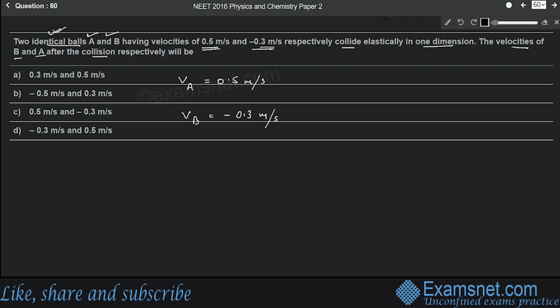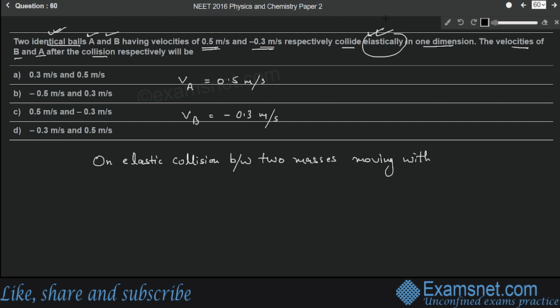Now it is also given that they collide elastically, so this is an elastic collision. Here you have to remember one fact. On elastic collision between two masses moving with finite velocities, their velocities will get exchanged.